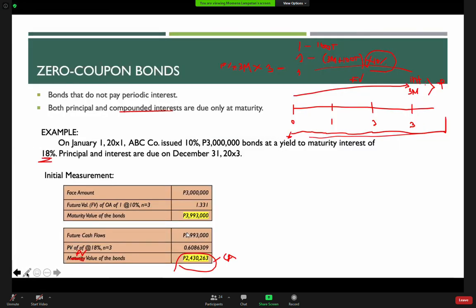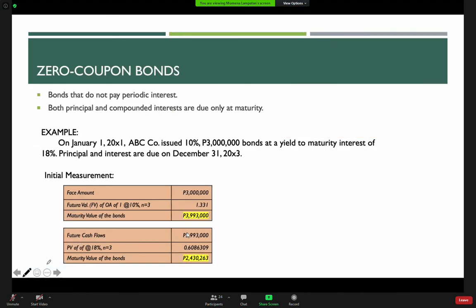Yes, wala kayong tanong. Okay, so let's have zero coupon bonds. So, ang zero coupon bond, hindi siya nagbabayad ng interest periodically. So, yung interest babayaran niya at maturity date. Okay? So, ibig sabihin, magkakaroon tayo ng accrued interest. Okay? So, we have here, zero coupon bond is bond that do not pay periodic interest, both the principal and the compounded interest.